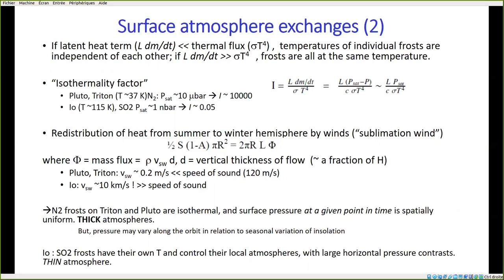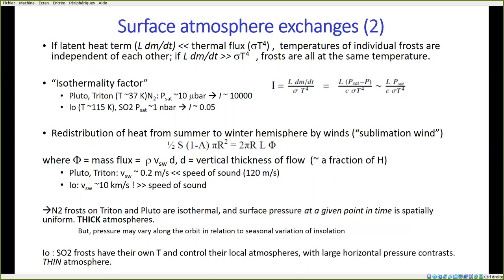Another way to see this is to ask the question, is the atmosphere able to redistribute heat from the solar hemisphere to the night side by means of latent heat transport? And to estimate what would be the required speed of such a sublimation wind.